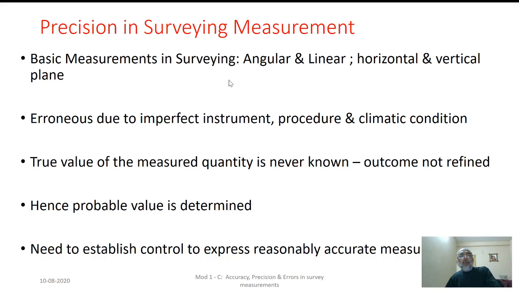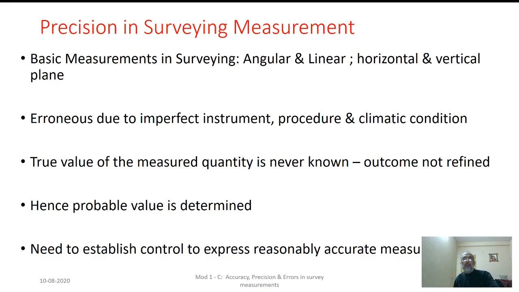Prior to discussion of precision in surveying measurement, we will discuss a few things which will provide certain background. We just discussed angular and linear measures and their measurement in the horizontal as well as the vertical plane.